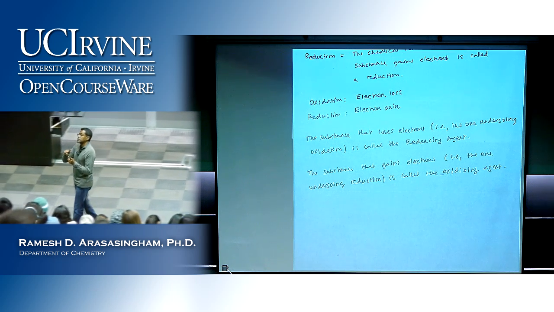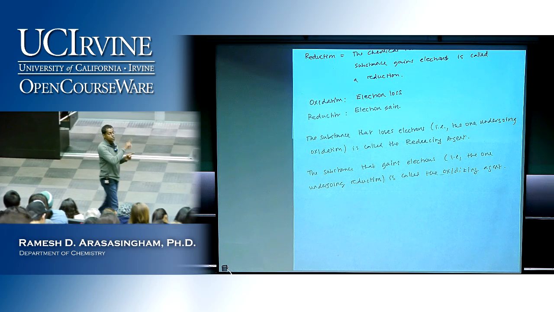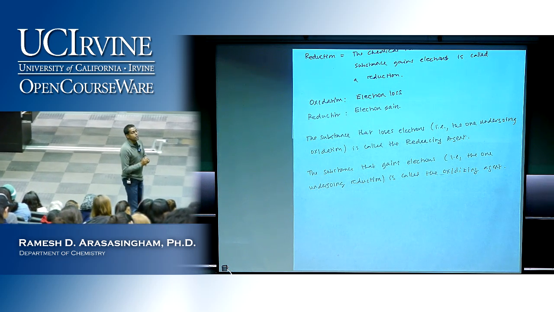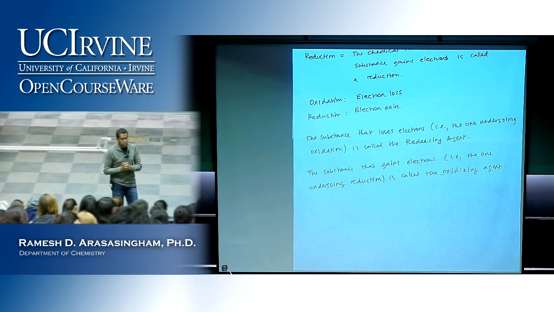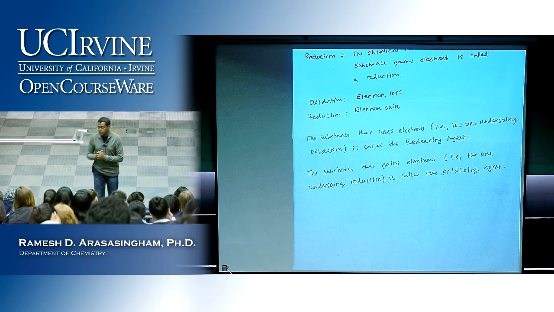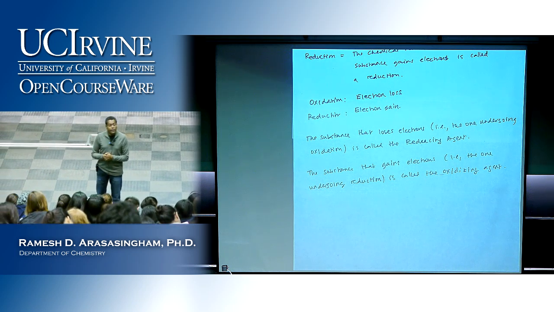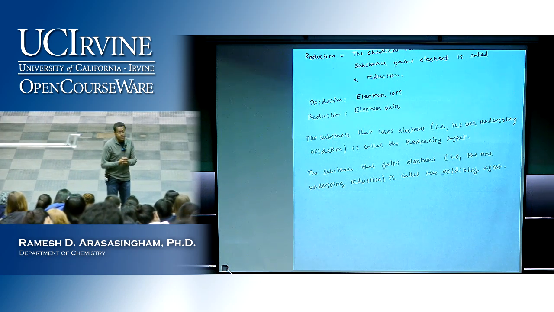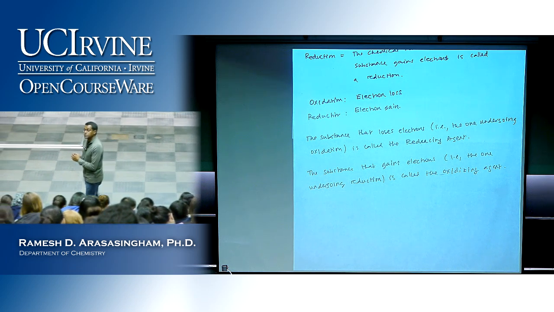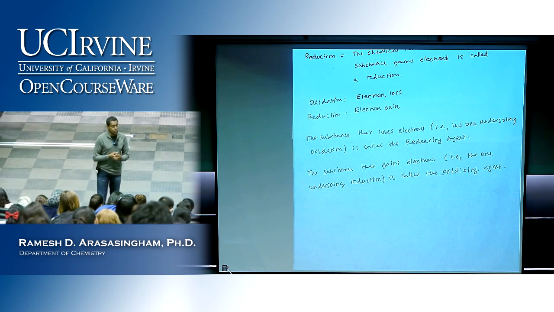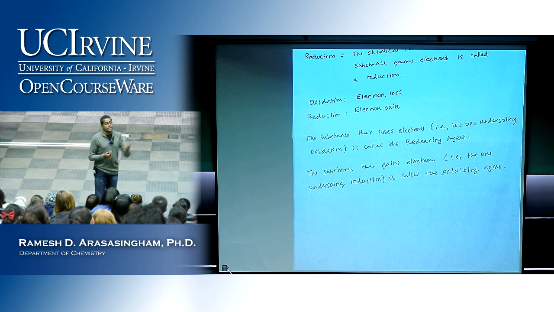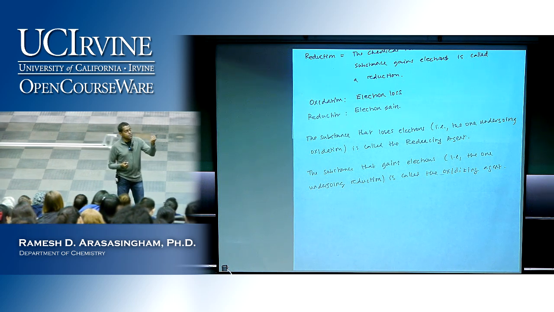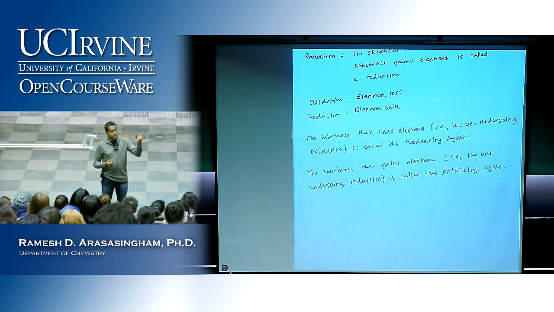So oxidation-reduction reactions involve electron transfer. So one reactant will give off electrons. If it loses electrons, we call it oxidation. The other substance will pick up electrons. And if it picks up electrons, then we say it's undergoing reduction. And the substance that undergoes oxidation is called the reducing agent. It undergoes oxidation, but it is the agent that's responsible for reducing the other.